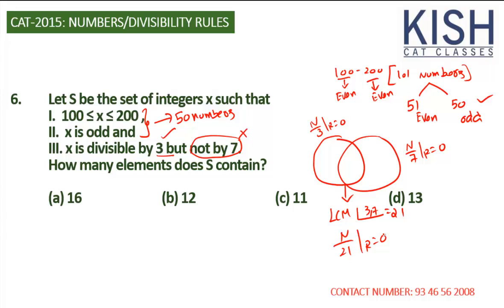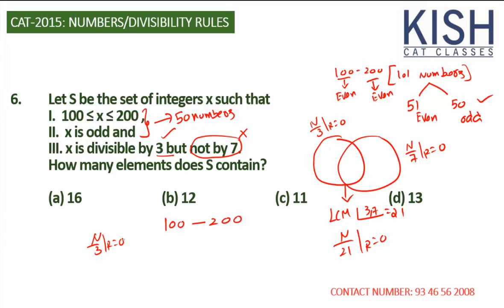Now, let's see how many numbers. First, there is no need to consider odd and even numbers. Let's consider all the numbers from 100 to 200 which are multiples of 3, that is, n divided by 3 with remainder 0. Let's see. 33 threes are 99.